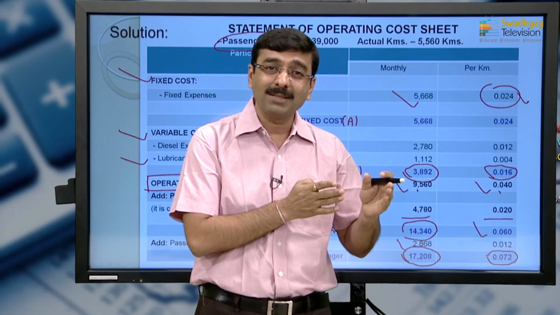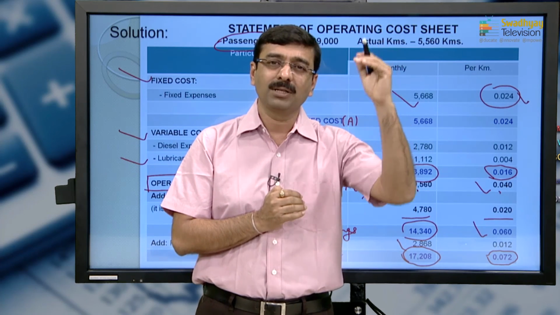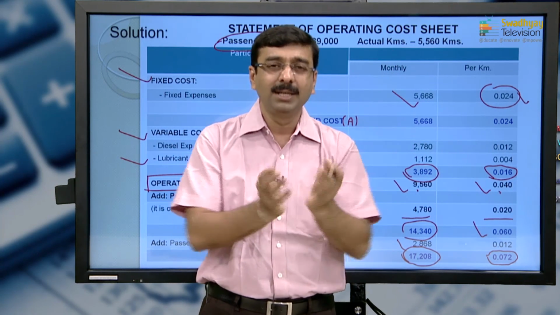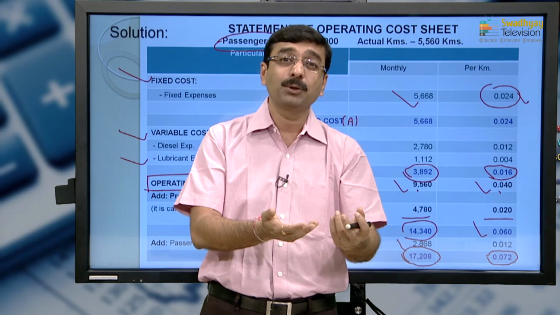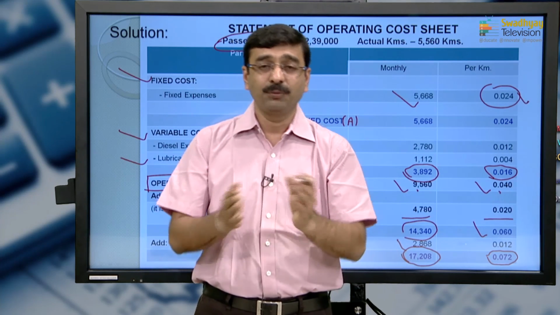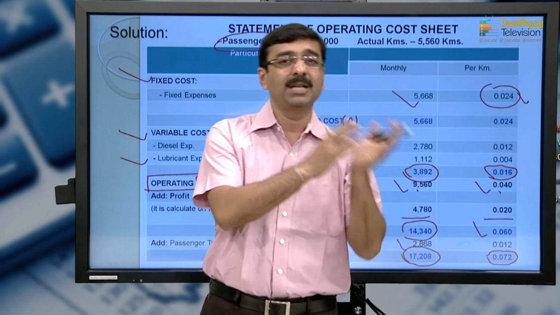How do you find out the passenger per kilometer? First we find out the fixed cost, then the variable cost, and the total amount of cost is called operating cost. Then we add the profitability on this. Profitability was also not clearly defined, whether it is on sales price or cost price, so we convert the profitability percentage from sales price to cost price.